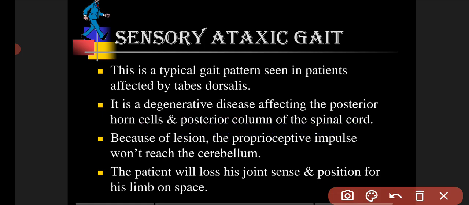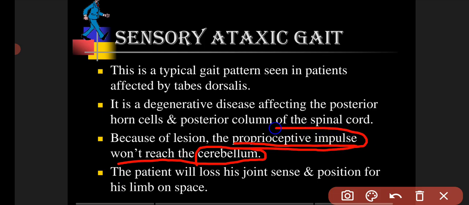Because of this lesion, the proprioceptive impulse won't reach the cerebellum. The proprioceptive impulse, which normally comes from the posterior column and reaches the cerebellum, does not reach it in this lesion.